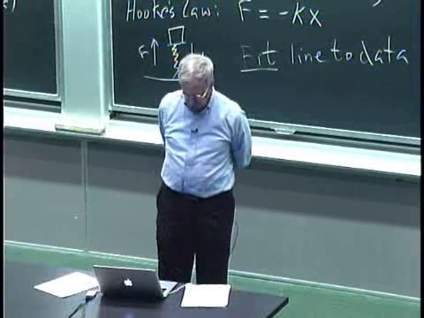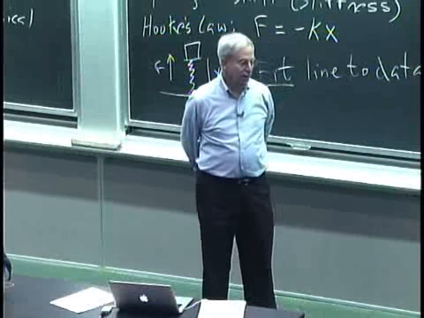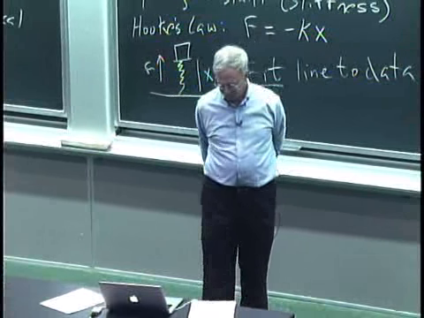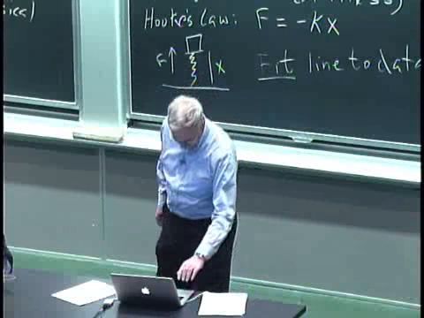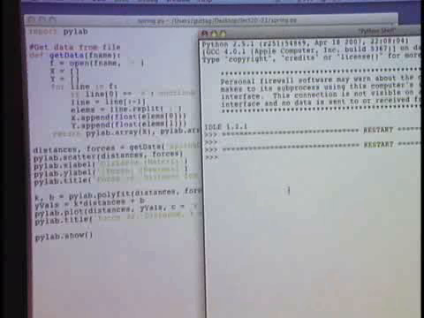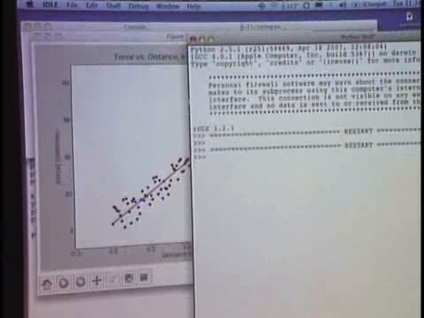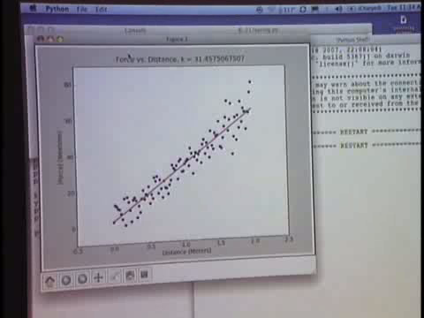And then I'm going to generate the predictions that I would get from this K and B and plot those. So let's look at it. So here it said the K is 31.475, et cetera. And it's plotted the line that it's found.